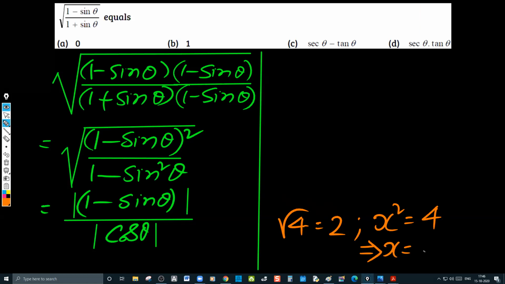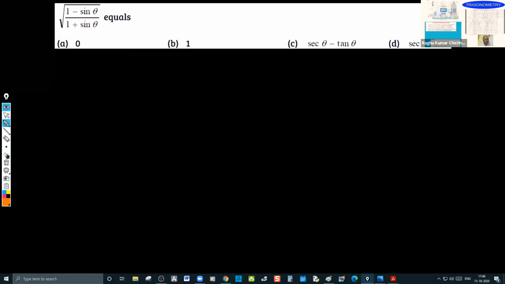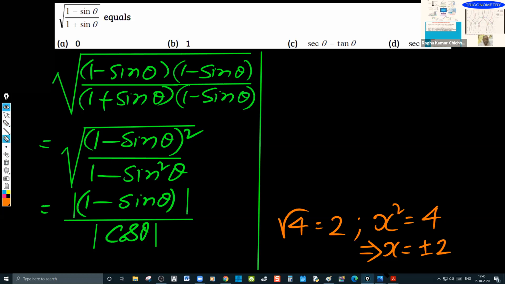It is plus or minus 2. Remember that. You should not leave it like that. Whenever you know that the term under the root is positive, you need not think about a negative term there, because square root of any positive term is positive only. That is why you don't write plus or minus there.